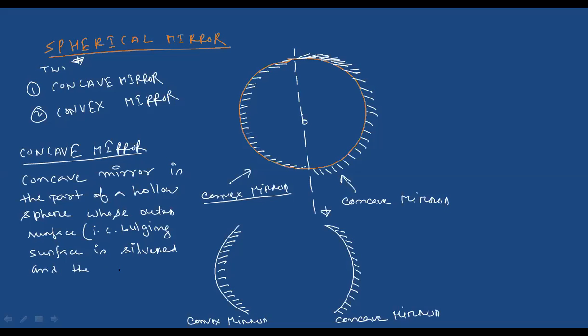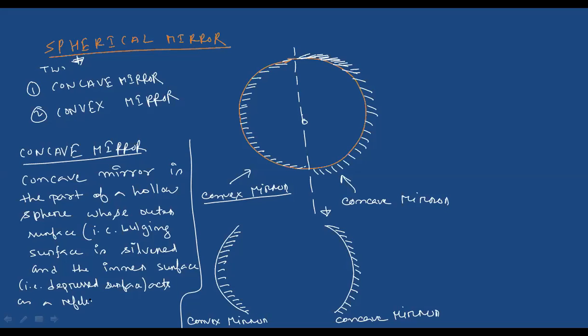And the inner surface, that is the depressed surface, acts as a reflecting surface. First write it down, then I will explain the definition.